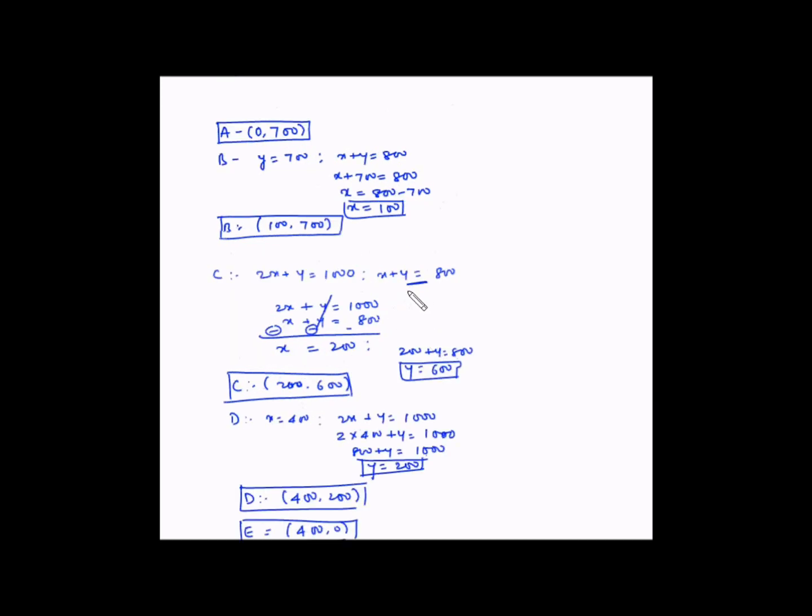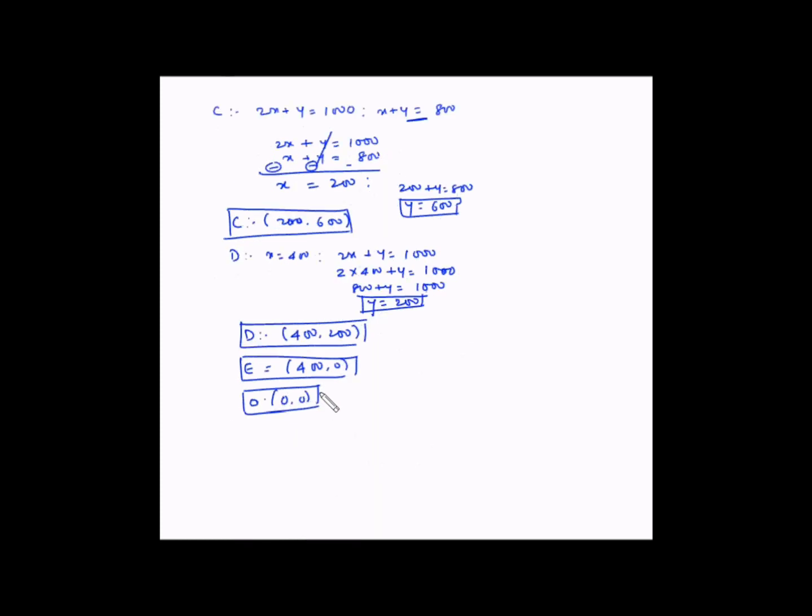So we now have the coordinates of points A, B, C, D, E and O. Now let us put these coordinates, or the values of x and y, in the objective function to solve for P, and the coordinate which gives the maximum value of P is the point which is the optimal solution.